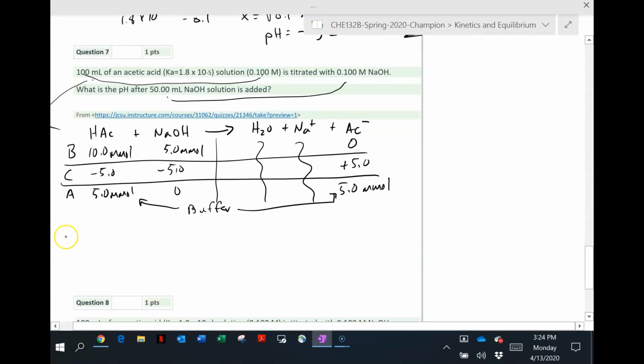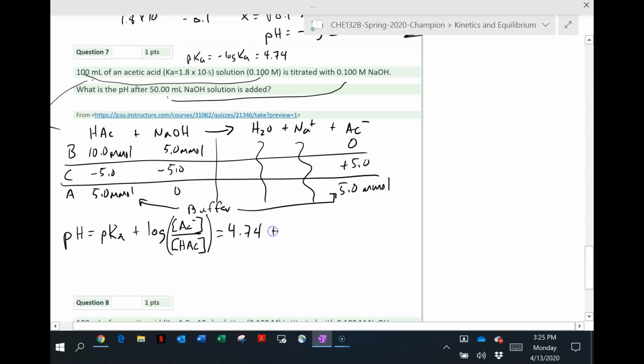That means we can use the Henderson-Hasselbalch equation. pH is pKa plus the log of the base concentration, which is our acetate ion, over our acid concentration, which is the acetic acid. Now, pKa, of course, is just negative log of 1.8 times 10 to the -5th. So for acetic acid, that comes out to be 4.74.